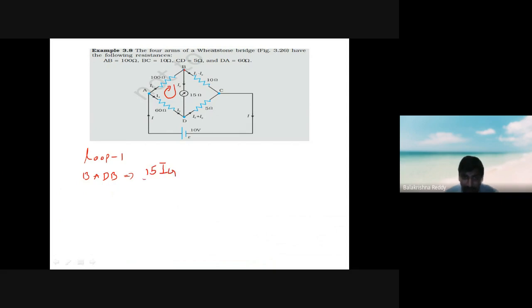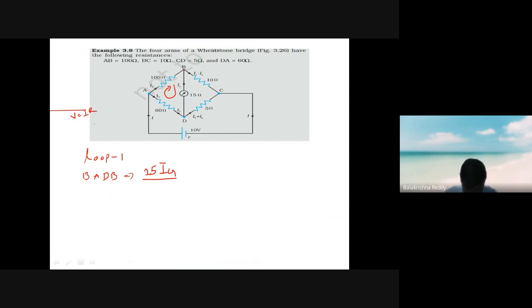Why are you taking 15? 15 is a resistance and Ig is a current. We know from the basic formula V equal to I into R, the product of current and resistance. The sum of the products of currents and resistances in the circuit is equal to the total supply across the closed loop, which is called Kirchhoff's voltage law.